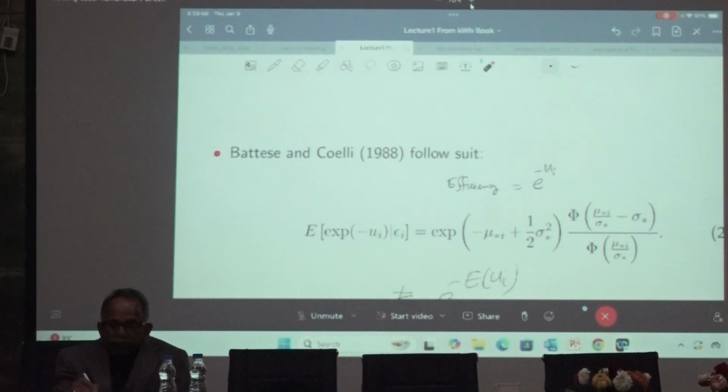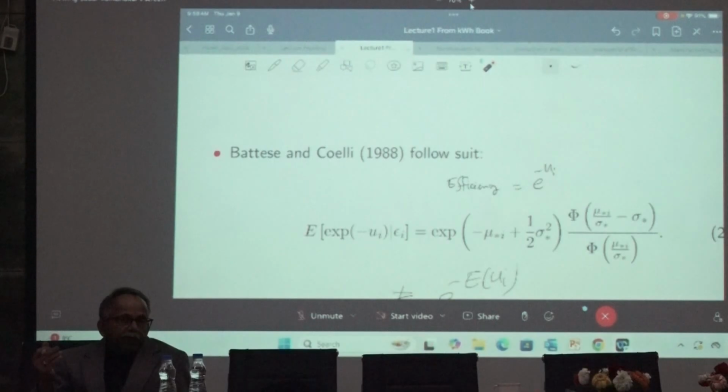But Battese and Coelli say that, statistically speaking, you should not be using this. You should be estimating this from the conditional mean of e to the power minus u given epsilon. So the formula in that case is slightly different. This is the formula, and you can plug in the estimates in the formula to get numbers.